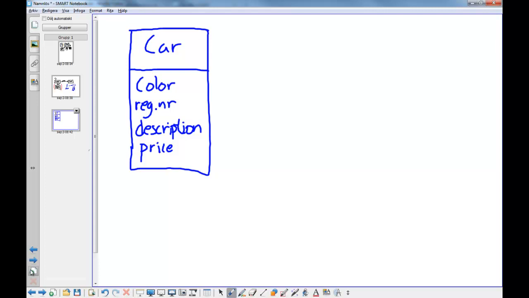Now we used price as an attribute for some reason. But anyway, this seems to be fine, but thinking a little bit more about it, we can probably see that all the cars with the same model share the same description and the same price. So maybe we have a new concept here, because this will add a lot of redundant information.